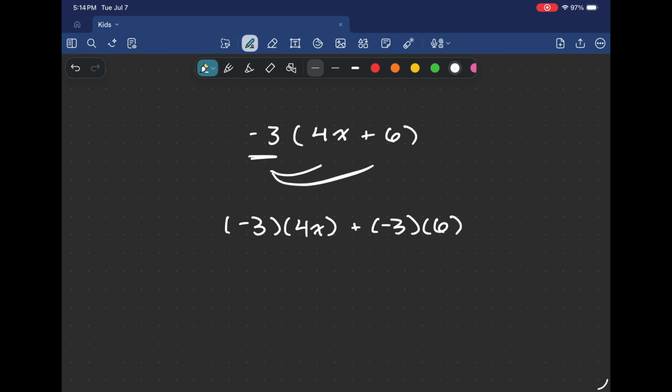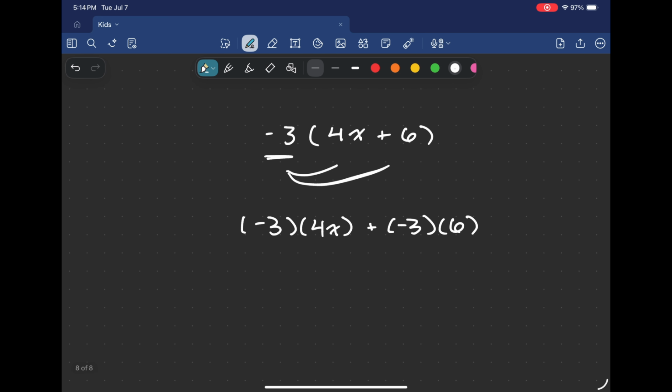Now we just do the multiplication and then add them together if possible. Negative 3 times 4x is negative 12x. And negative 3 times 6 is negative 18. Now this is plus negative 18, which can also just be written as negative 12x minus 18. They're the same thing. And you can't add them together, so that's how you use the distributive property to finish this problem.